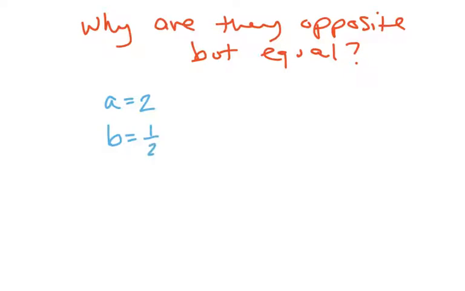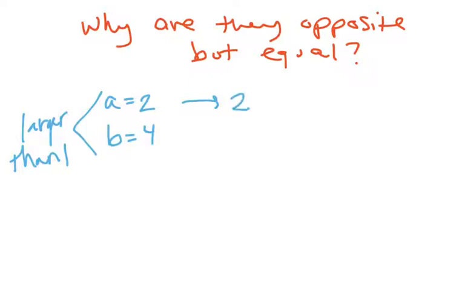Again, you wouldn't think that they would be equal. Sorry, these would have to be the same, larger than 1. These end up doing the same thing to the equation because the A value ends up being out front of the function, and the B value ends up being inside of the function.